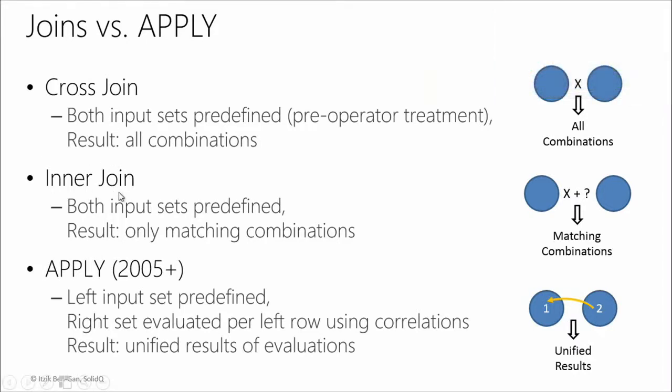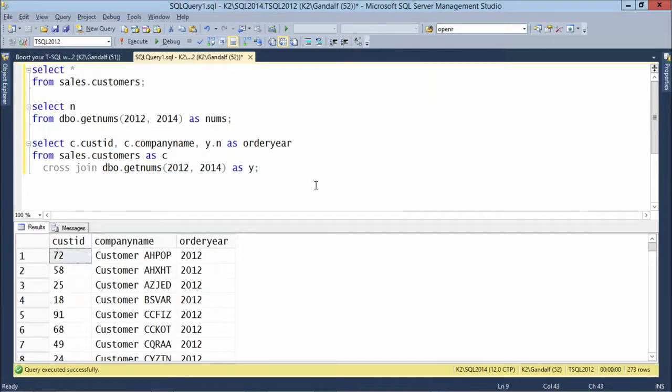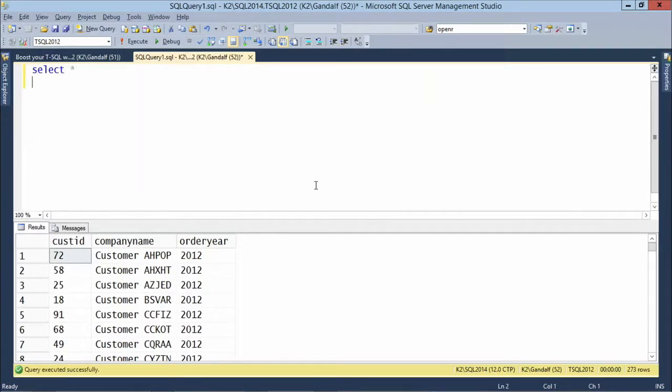Then let's talk about an inner join. An inner join also gives us 2 sets that are predefined, but then as if we generate all possible combinations, but then apply some kind of a predicate, some kind of a condition that gives us only matches that are based on this sort of condition. So for example, if I take our customers table, and then I'll take the orders table.